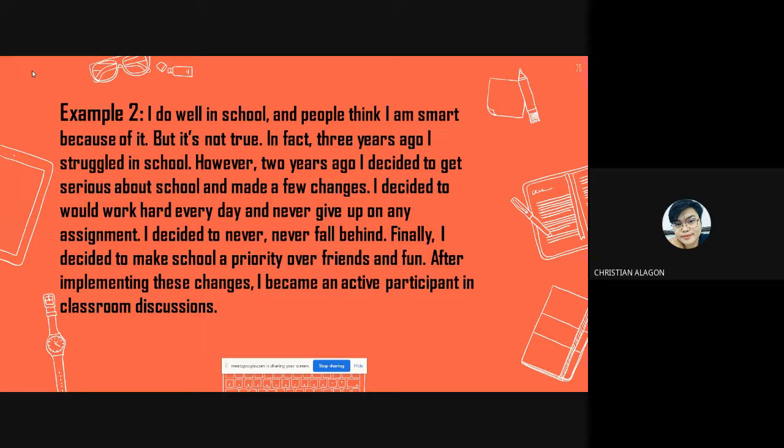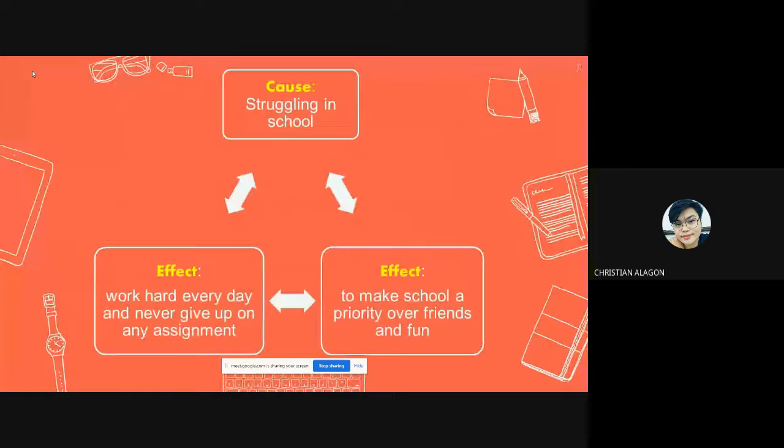So what is the cause and effect in that particular paragraph? What do you think? So the cause is struggling in school, and the effect is working hard every day and never giving up on any assignment. That is our motto in life.